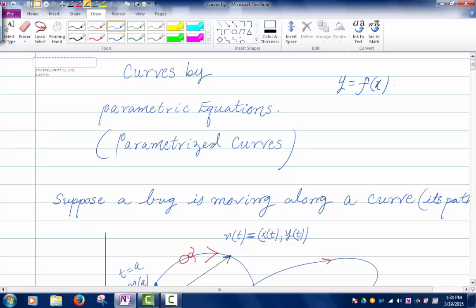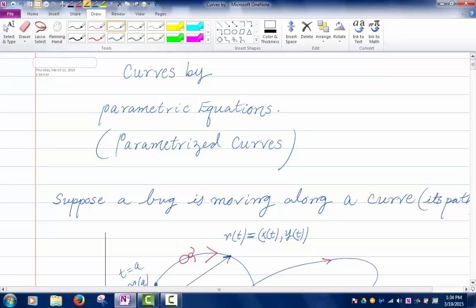The input is a real number, the output is a real number. For functions like this, we look at the graph of that function, and that's the type of curves we have seen so far. But when we are talking about curves here, we mean something a little bit different.